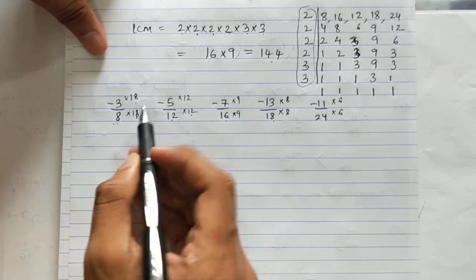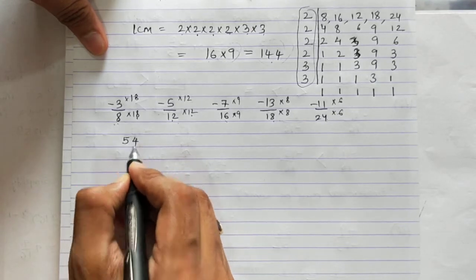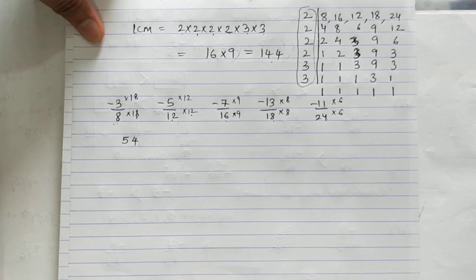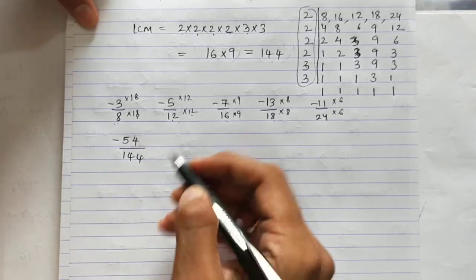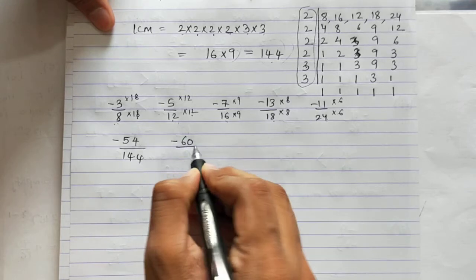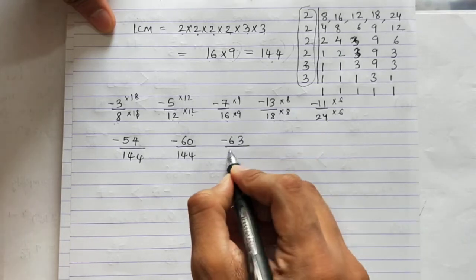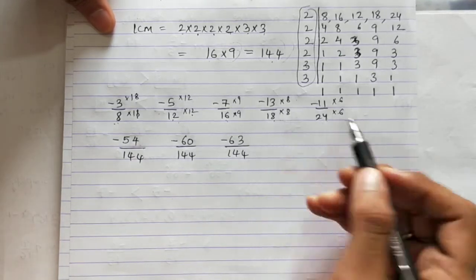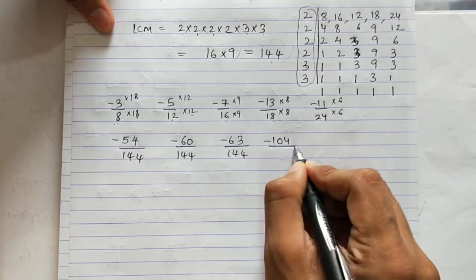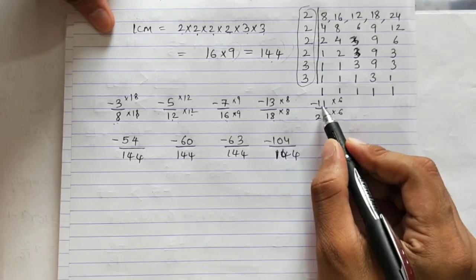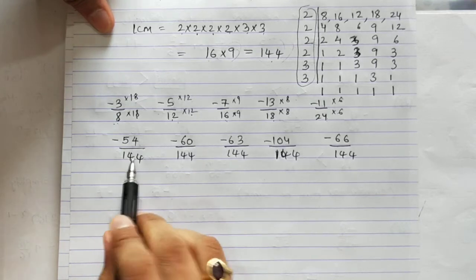So once I do that, 18 3s are 54, so -54/144. 12 5s are 60, so -60/144. 7 9s are 63, so -63/144. 13 8s are -104/144, and 11 into 6, -66/144. Now all denominators are the same.